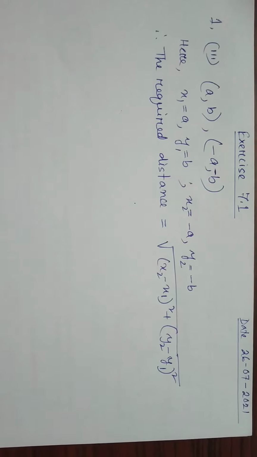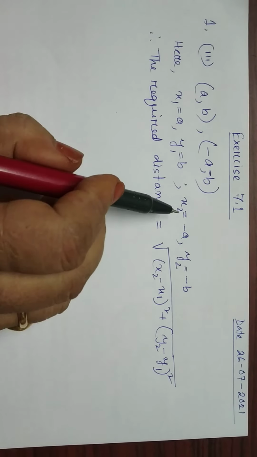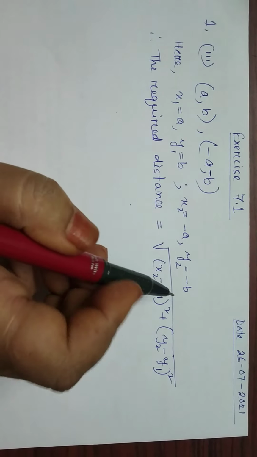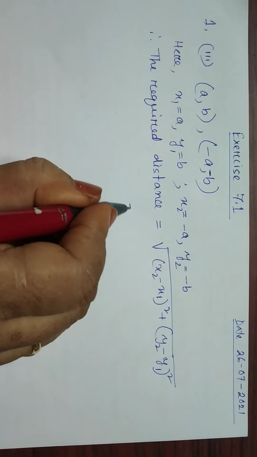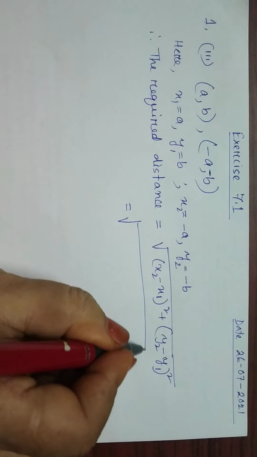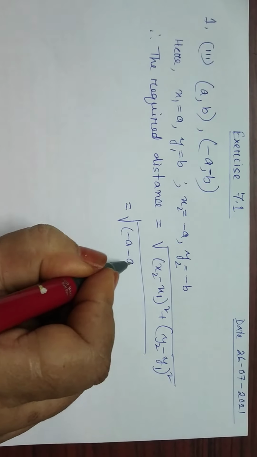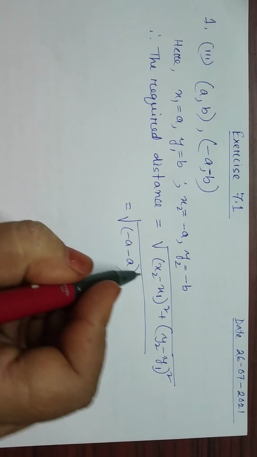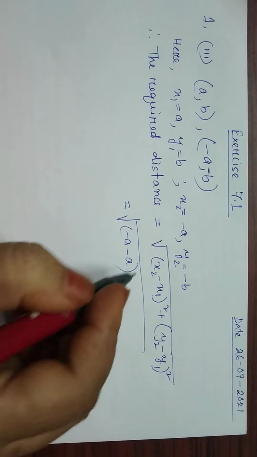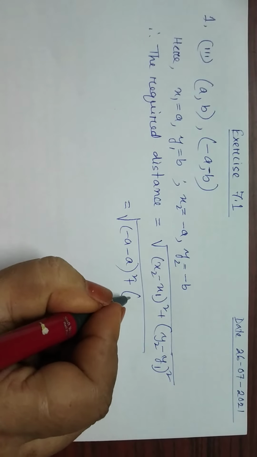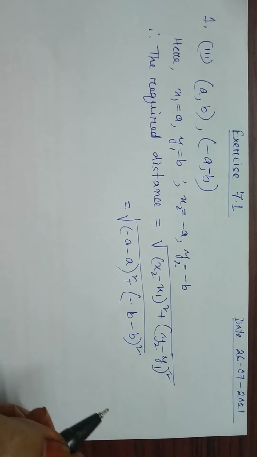Here if we take x1 equal to a, y1 equal to b, x2 equal to minus a, y2 equal to minus b, then the required distance will be the square root of, in place of x2 we put minus a, and x1 is a, so minus a minus a whole square, plus minus b minus b whole square.